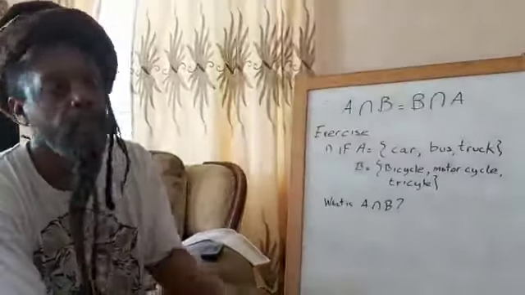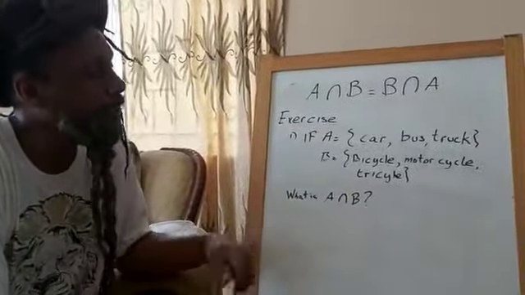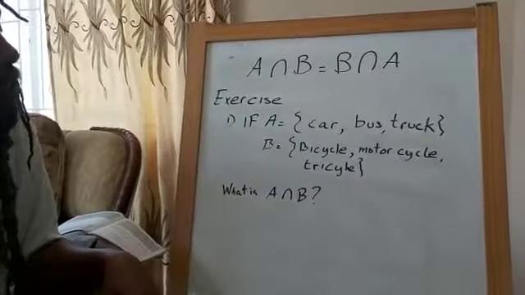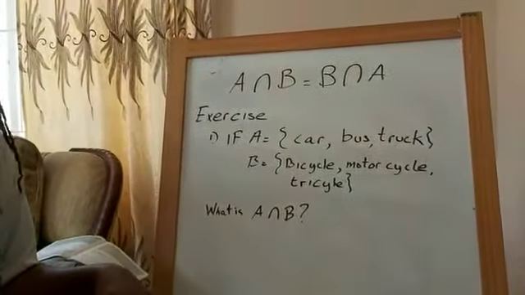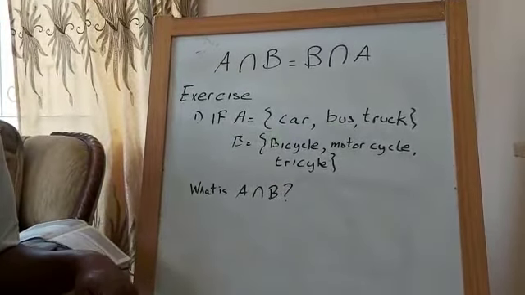Alright, so we're on to the exercises. So, first question, if set A is equal to a car, a bus, truck, set B is equal to a bicycle, motorcycle, and tricycle, what is A intersect B?